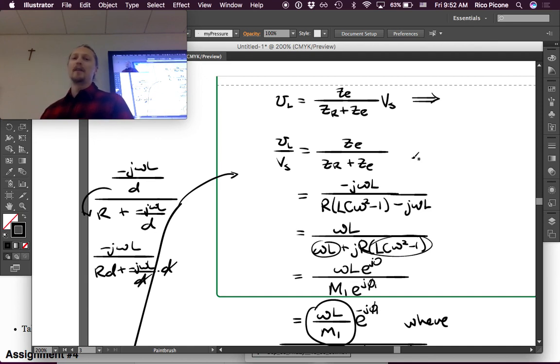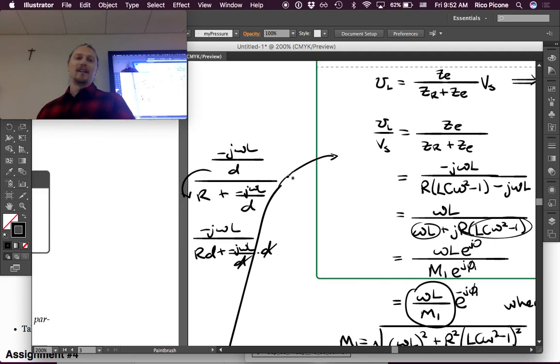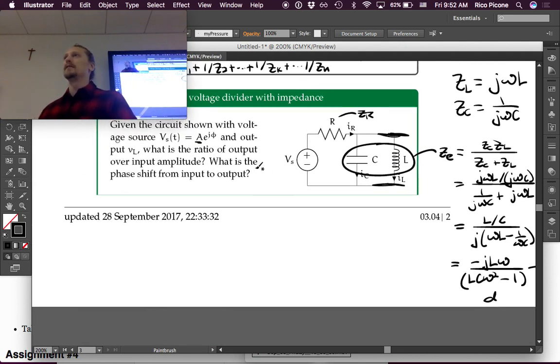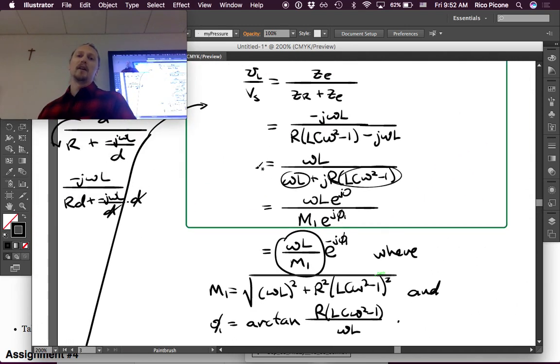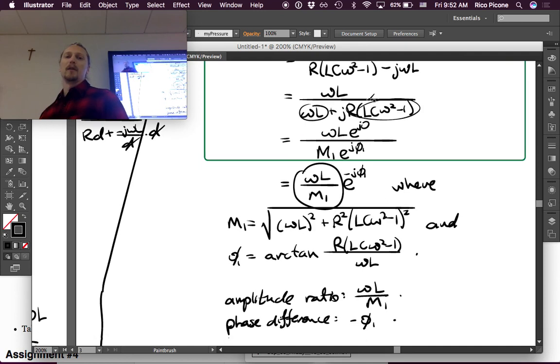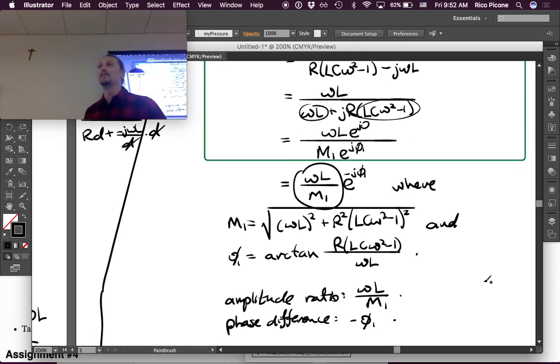We didn't have to plug in our phasor form of VS ever in this problem, the given A e to the j phi, because we're looking for a ratio. We could have plugged it in over here, and then we would have had to divide by it again, so we didn't go through all of that because we didn't need to. All we needed was the ratio and the phase difference.